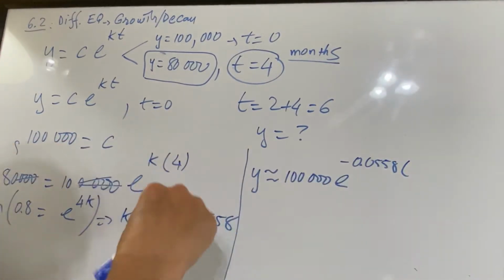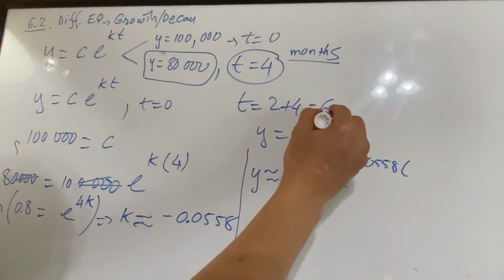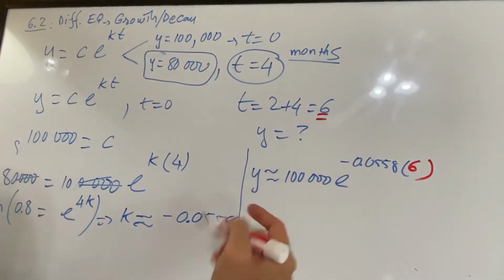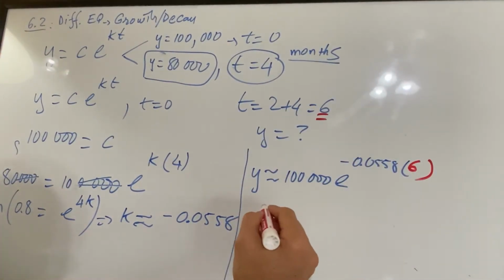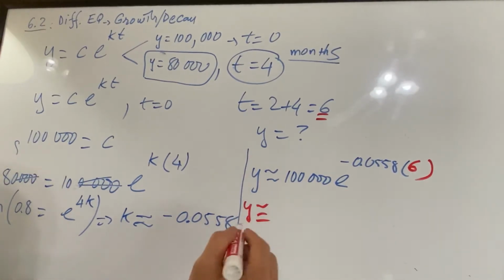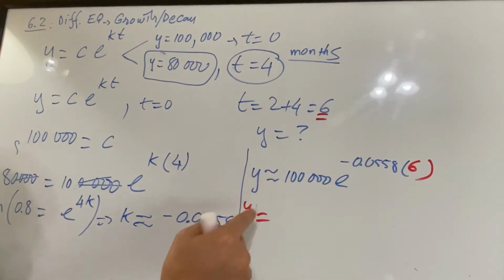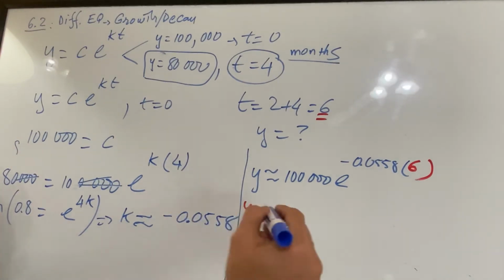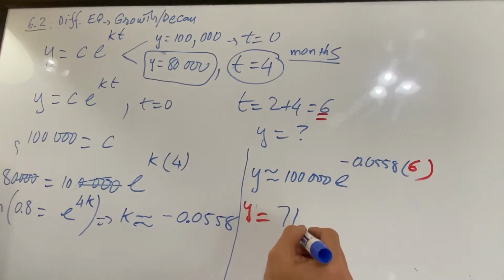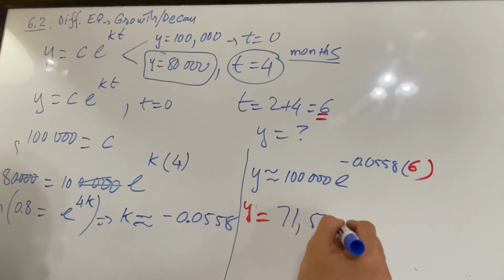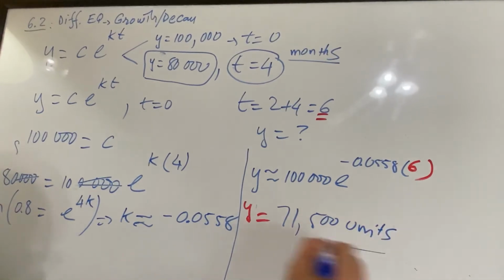That's what you're looking for, right? Then you plug into your calculator, and after 6 months, you will go down to 71,500 units. There you go. It's self-explanatory, guys, in example 5.